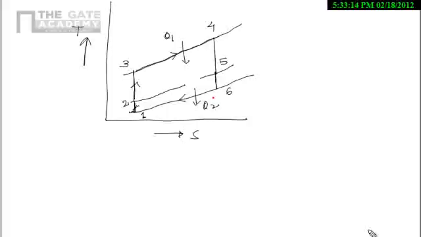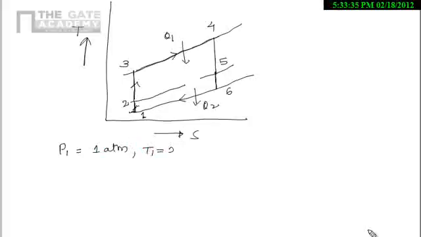So in our problem, we are considering the diffuser as part of the compressor. So now let's take P1, which enters the compressor. So 1 atmospheric pressure.